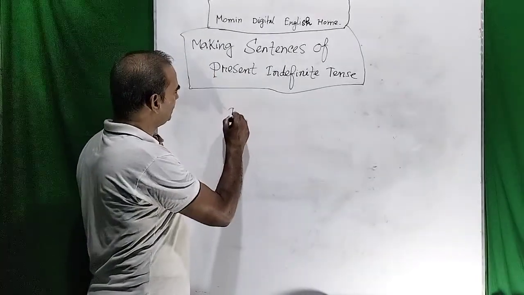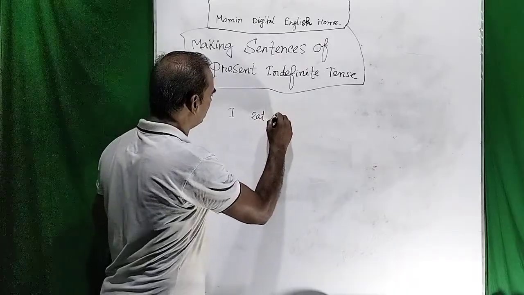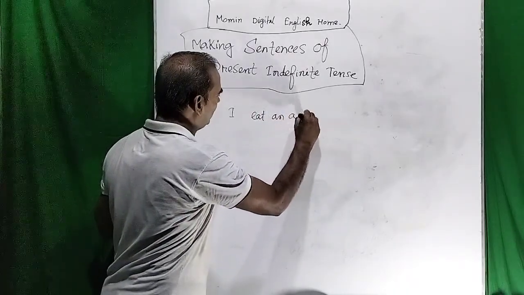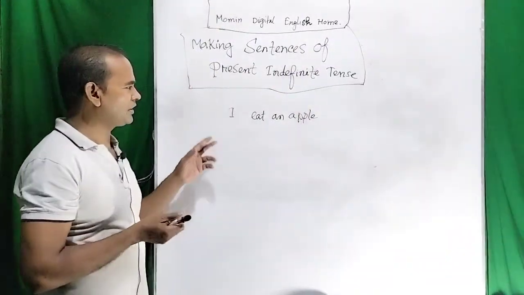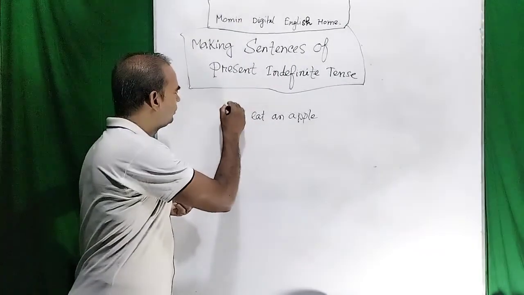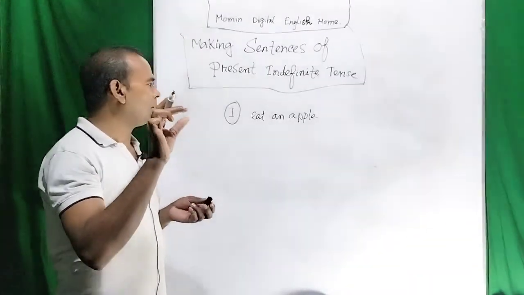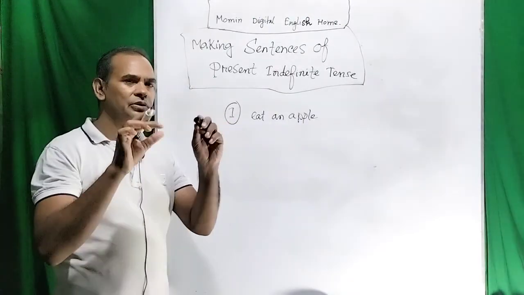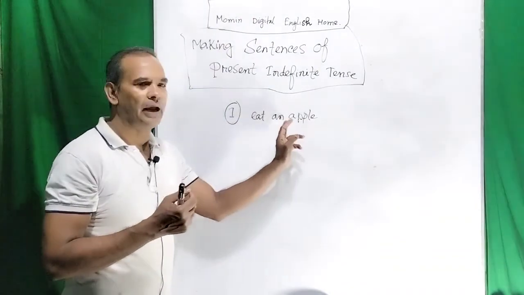So, I eat an apple. I eat an apple. Dear students, just try to understand, this is the subject. So when you say that you eat an apple, you want to say it this way: I eat an apple.